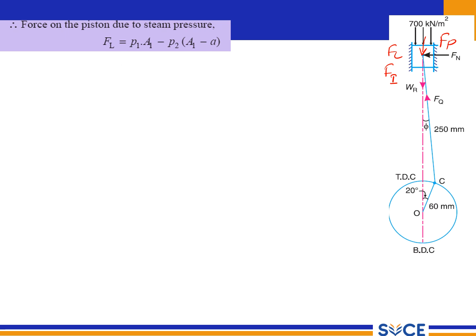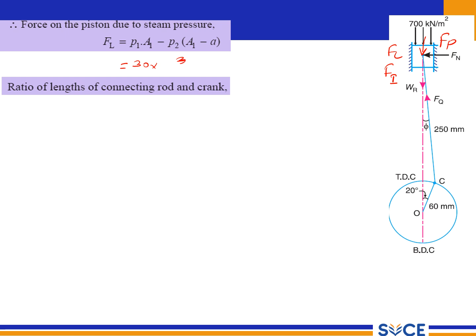Substituting the given pressure, P1 is 30 into 10 power 3, multiplied by the area calculated earlier, 0.0707, minus the pressure 1.5 into 10 power 3, with the same A1, 0.0707 minus 0.00196.